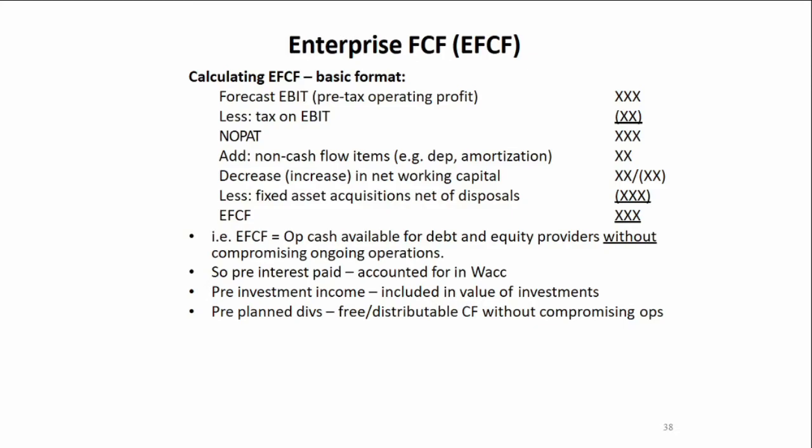Another thing I need to mention is that if a company has investments and these investments do not form part of the operations of the company, any interest or income relating to those investments will also need to be stripped out of the enterprise free cash flow. And the reason for this is that we are going to value these investments separately.